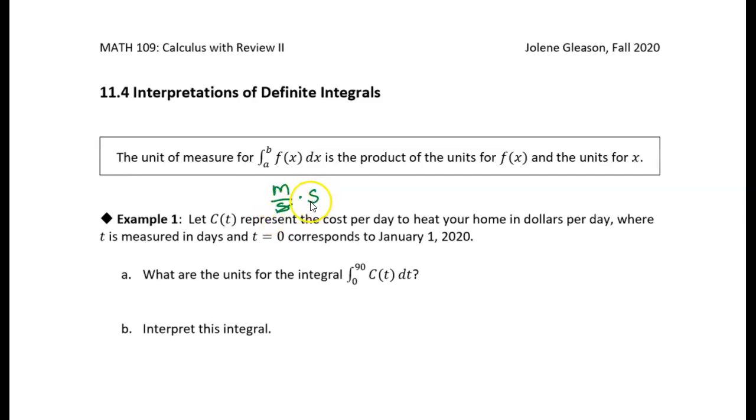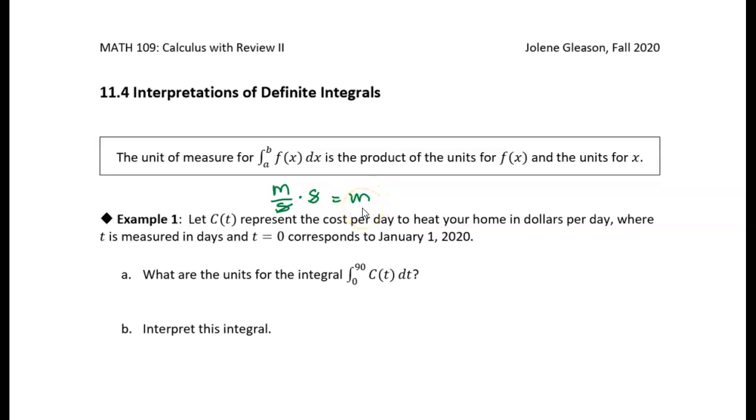So what happens is that those seconds cancel and you end up with meters. So the units of the integral is in meters, which is what you would expect, right? Because I've been saying all along that the integral of velocity gives you displacement, the total displacement, and that displacement is a distance measurement, and meters is a measure of distance.